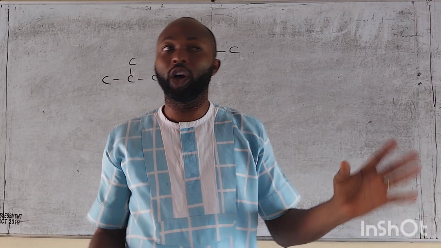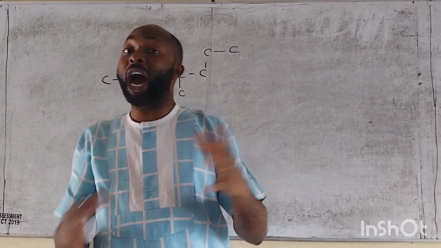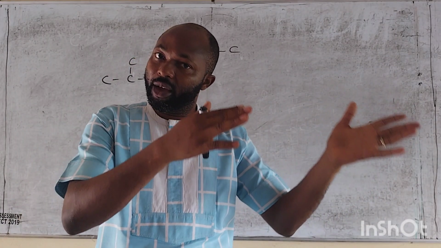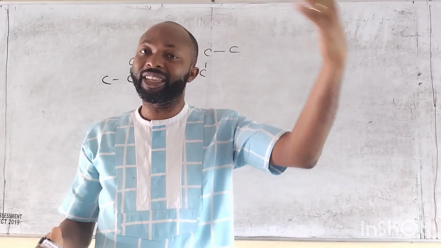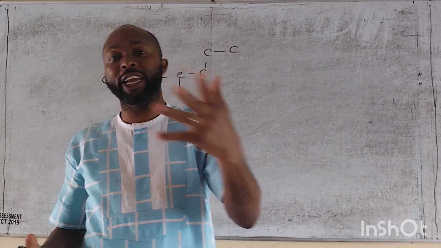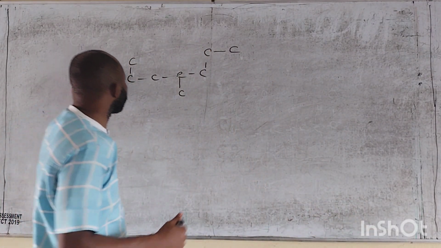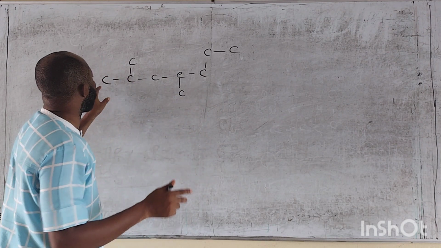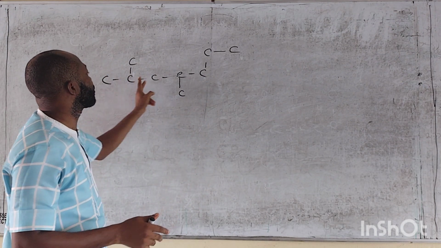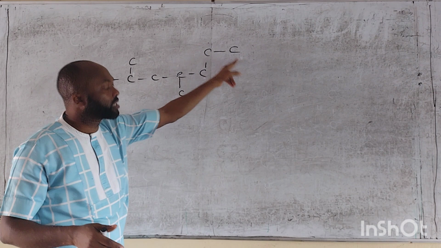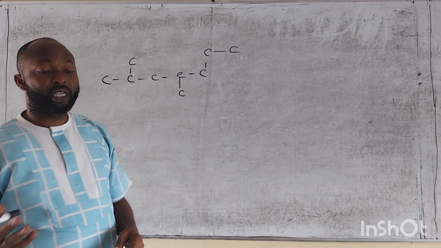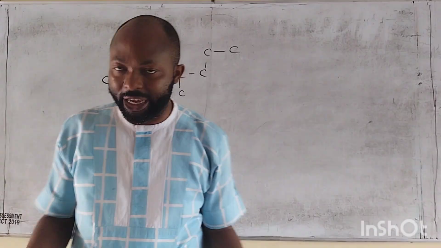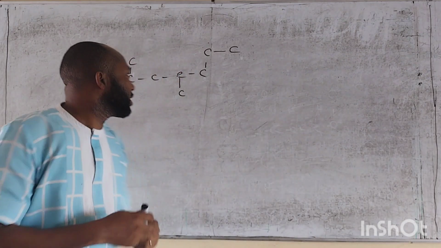Heptane. Because all the A and E for alkane must go with the group members: methane, ethane, propane, butane. So if this is 7, I first check my longest chain, call it 1, 2, 3, 4, 5, 6, 7, and I name it correspondingly as what? Heptane.